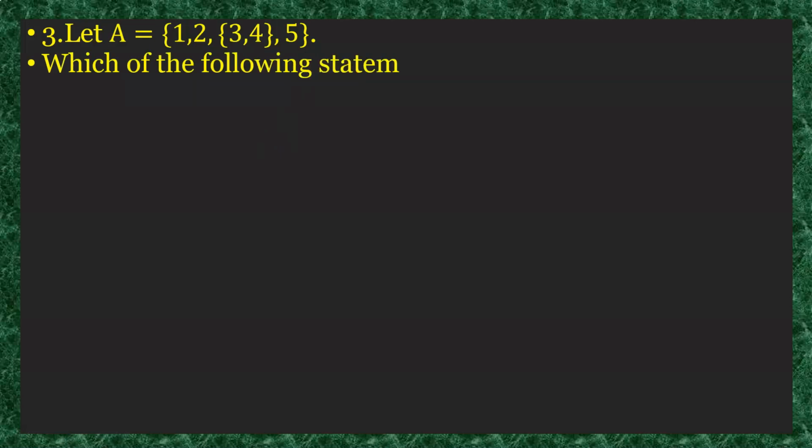Next, let A equal {1, 2, {3, 4}, 5}. Which of the following statements are incorrect and why?